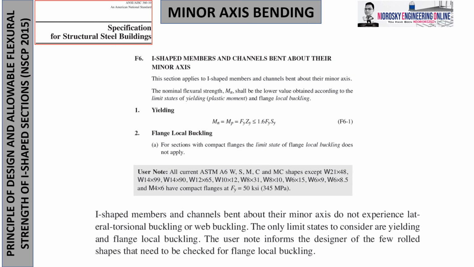Here, AISC 360-10 says that I-shaped members and channels bent about their minor axis do not experience lateral torsional buckling or web buckling. That explains why the LTB, or lateral torsional buckling condition, is not considered. The only limit states to consider are yielding and flange local buckling.